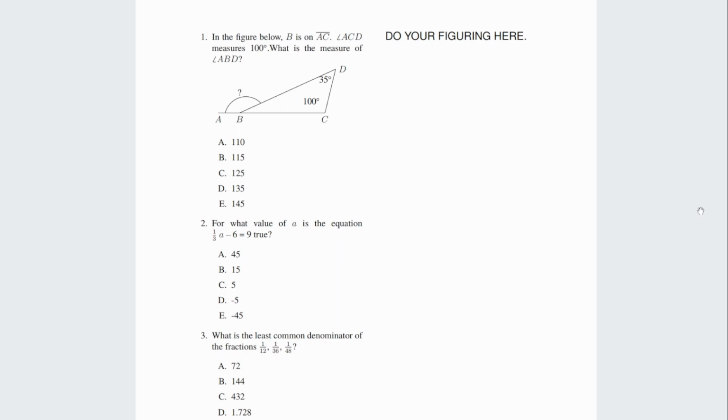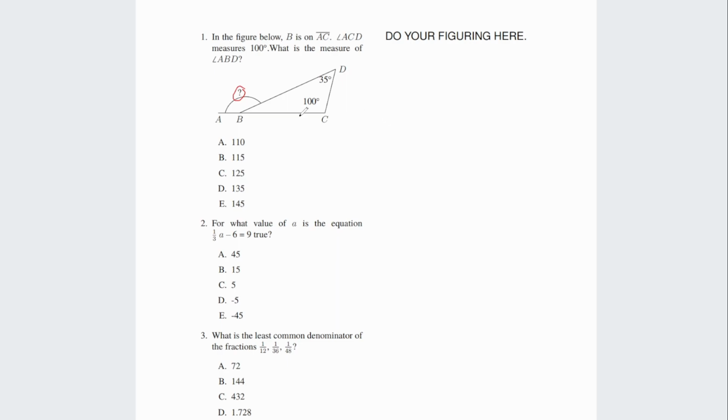So question 1 asks, in the figure below, B is on line AC. Angle ACD measures 100 degrees. What is the measure of angle ABD? Okay, so ACD is 100 degrees, and angle BDC is 35 degrees. So what we need to figure out is this angle.